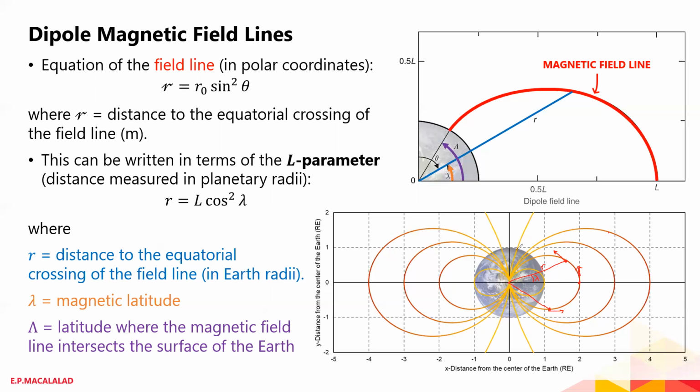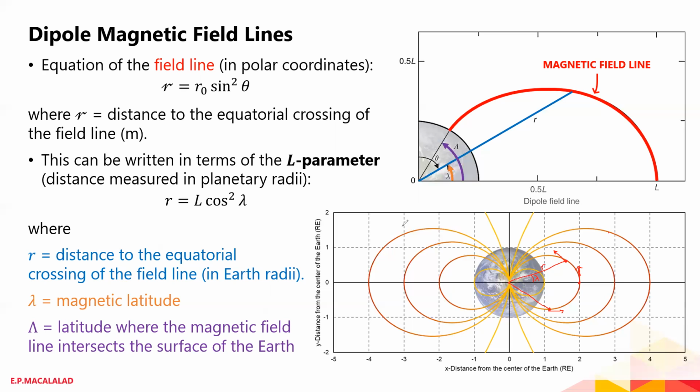So at different latitudes and at different heights, we can define the components of the magnetic field. And this is what's important when we deal with the geomagnetic field and its relation to the space environment.